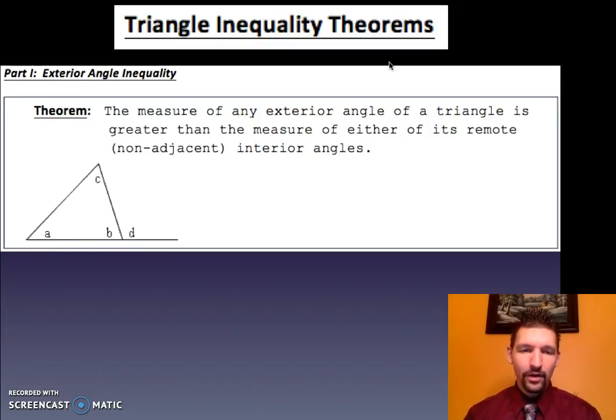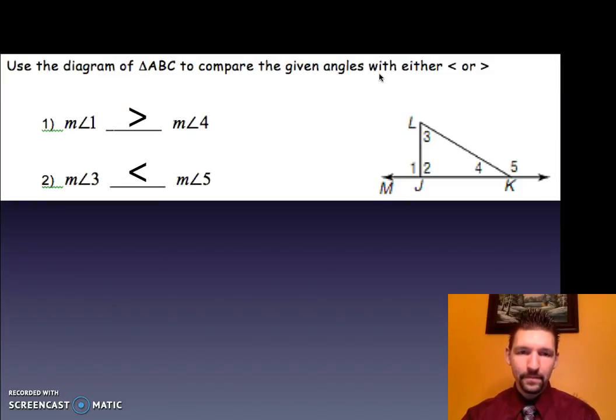So let's see how that works in practice here. If we want to look at this diagram, we have angles 1, 2, 3, 4, and 5. So the first one says the measure of angle 1 and the measure of angle 4. And I want you to fill in this symbol here. And I put greater than, because angle 1 is on the outside, angle 4 is on the inside. So 1 has to be greater than 4. And if you look at the picture, you can kind of tell that.